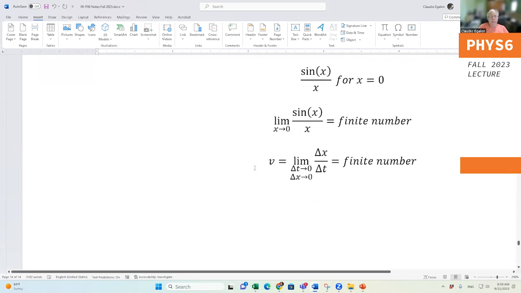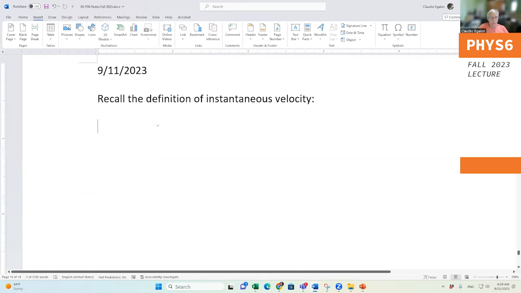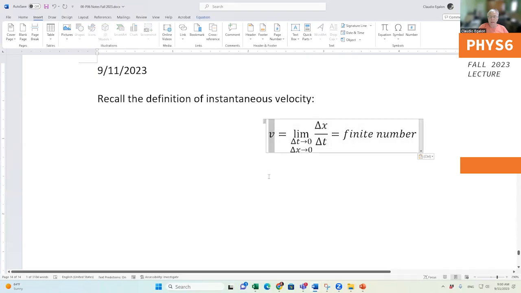The instantaneous velocity is abbreviated by the letter v, to make a distinction from average velocity. Average velocity is v with subscript avg.